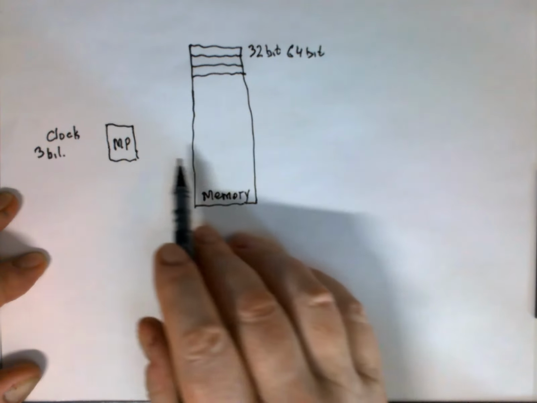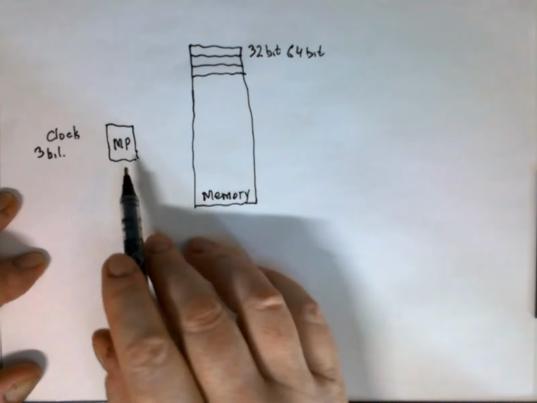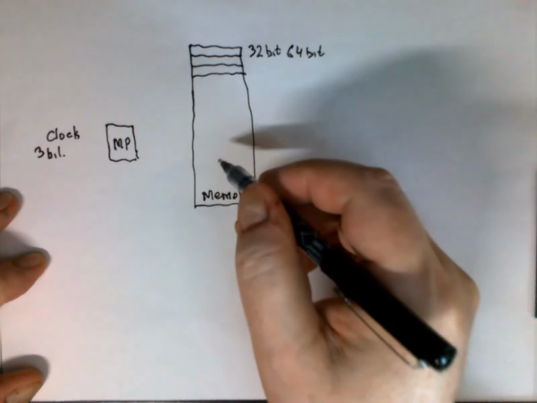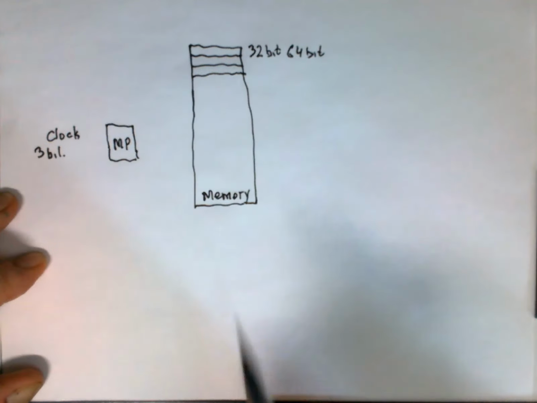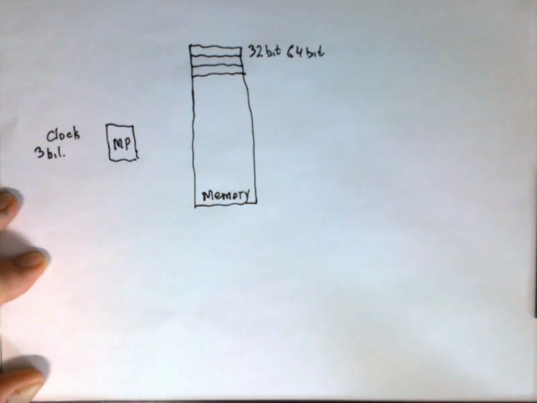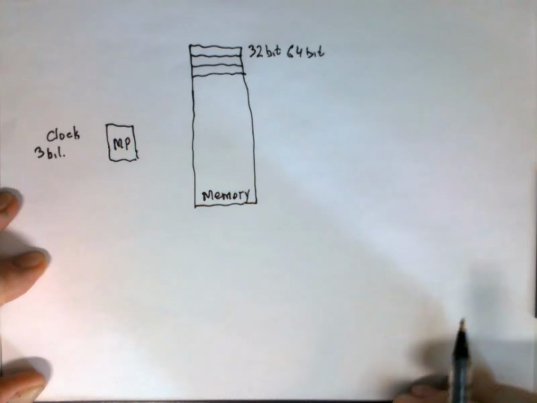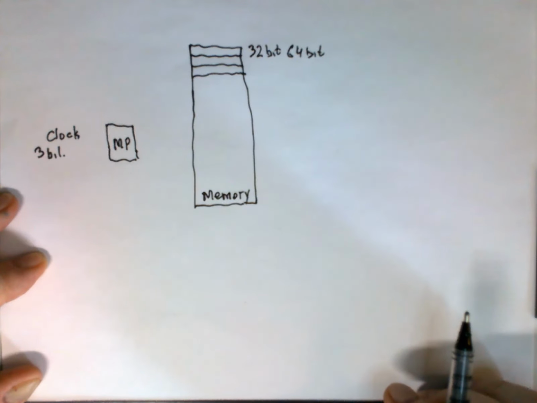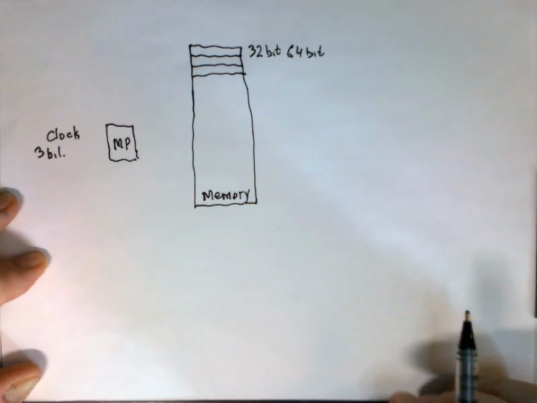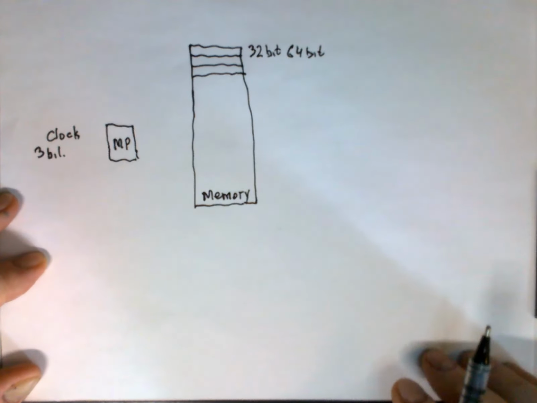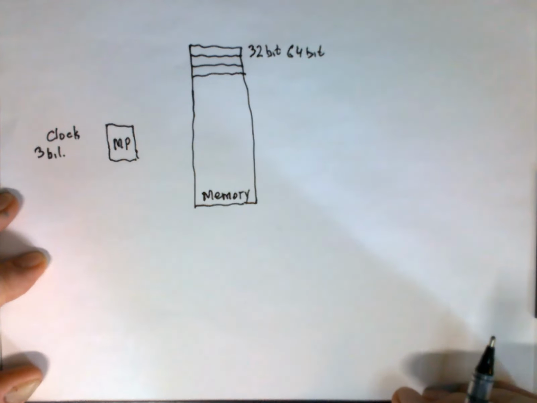Memory is connected to the microprocessor in an asynchronous manner, which means that the microprocessor can do its own operation, and whenever it needs to ask memory to send or to record information, memory could be not ready and doing its job separately.